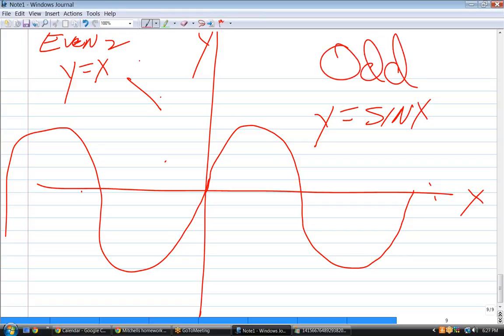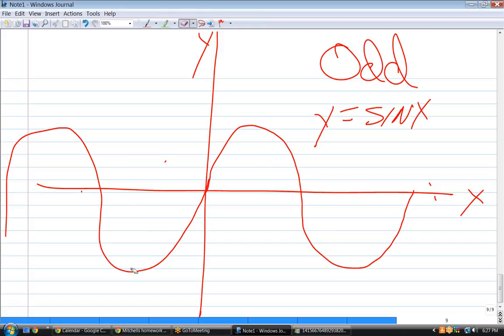In other words, if I took this sine function and I reflected it about the y-axis and then again about the x-axis, it would look like this. You can kind of get an idea if you take this and flip it about the y-axis and then flip it about the x-axis, it looks exactly like this. That's what symmetry about the origin means.